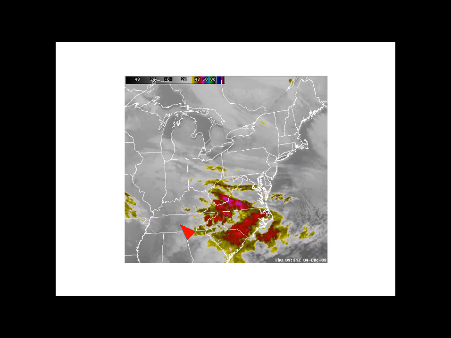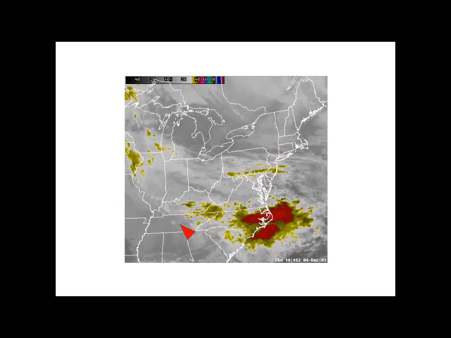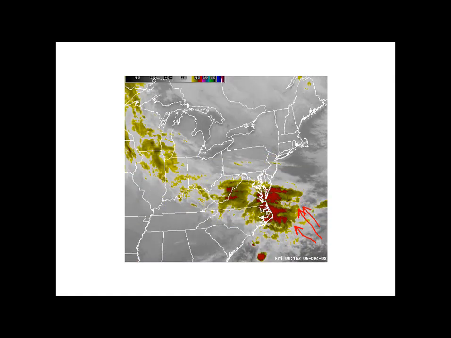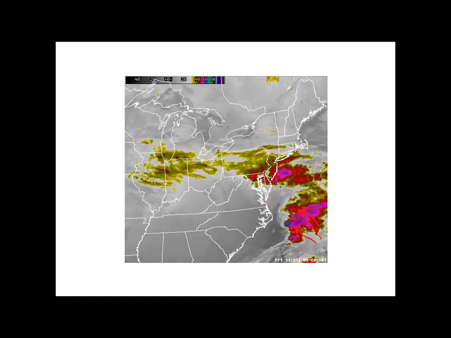So what we have is the coastal front starting to take shape here, and therefore warm advection starting to take shape right in here. And as we continue to go later on, that warm advection area actually moves offshore and becomes enshrouded in the clouds. But the point I want to make is that you can use the satellite imagery to give you a qualitative assessment of the coastal frontogenesis that's taking place.